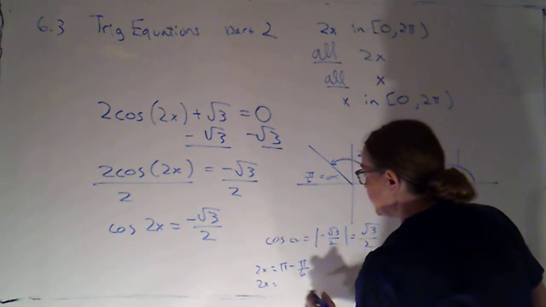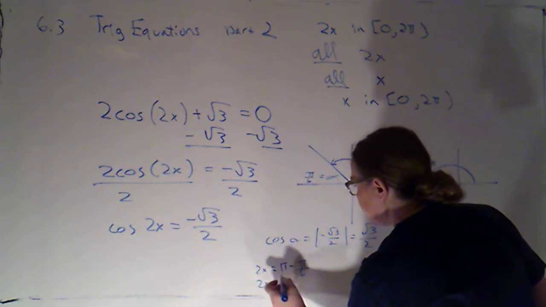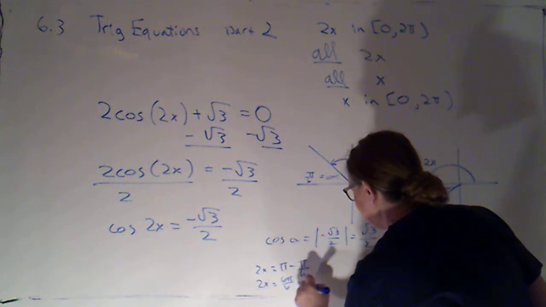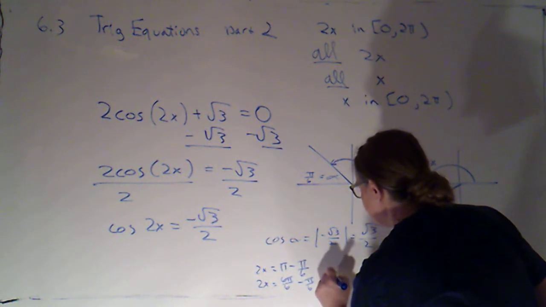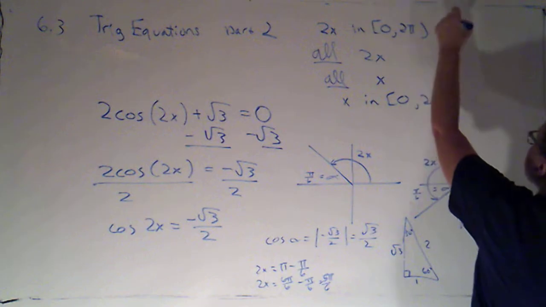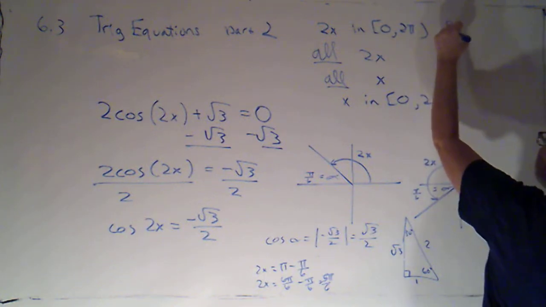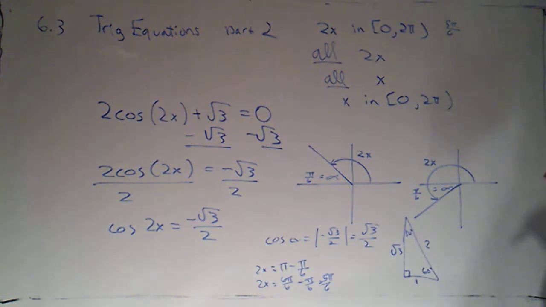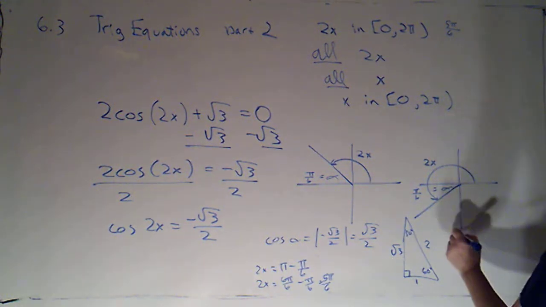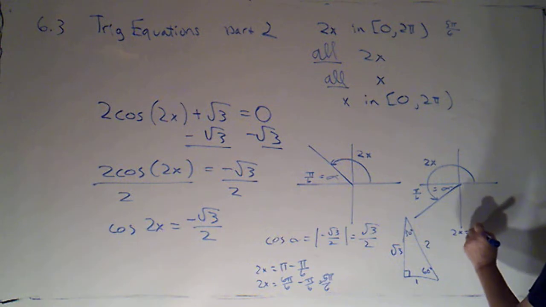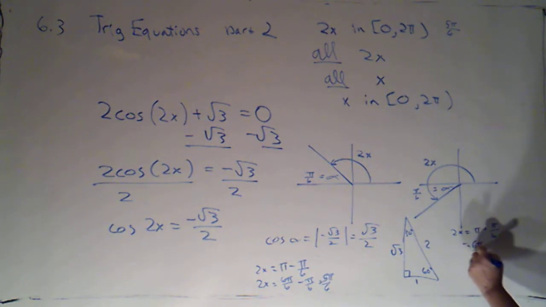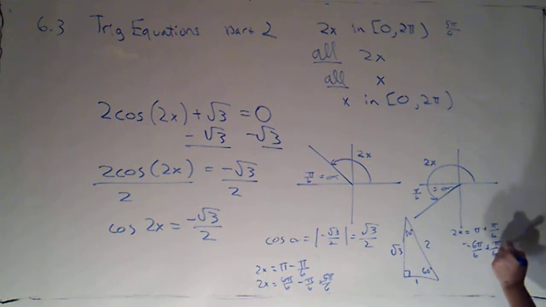So 2x would be 6 pi over 6 minus pi over 6, which is 5 pi over 6. So that's my first answer for what 2x could be. Then in this picture, we're getting that 2x is pi plus pi over 6. So that would be 6 pi over 6 plus pi over 6, which would be 7 pi over 6.